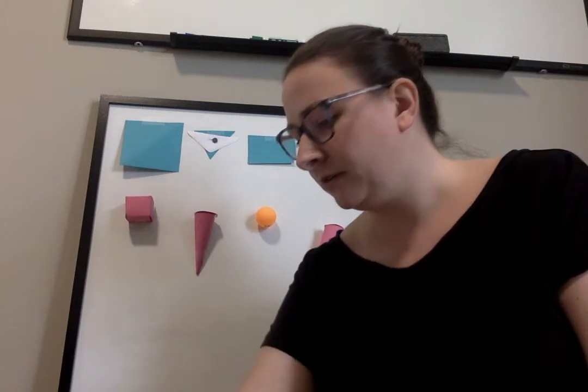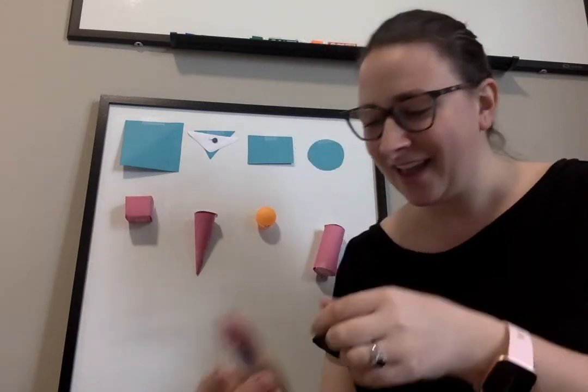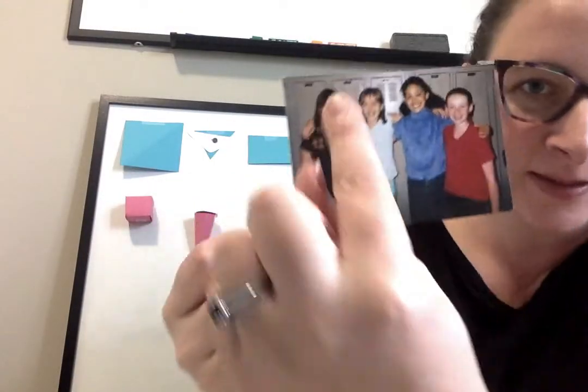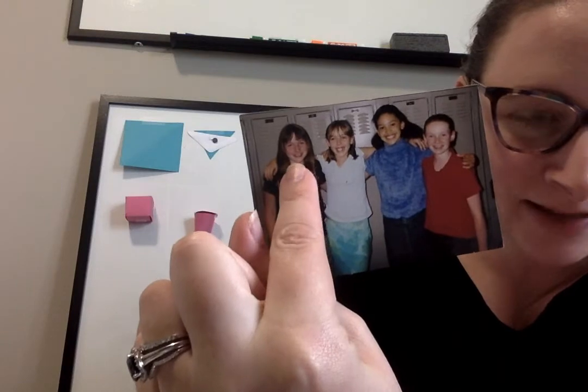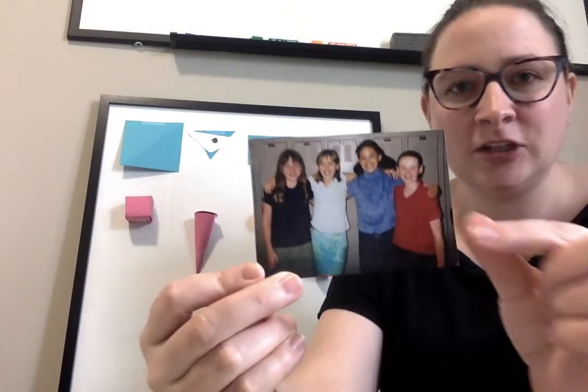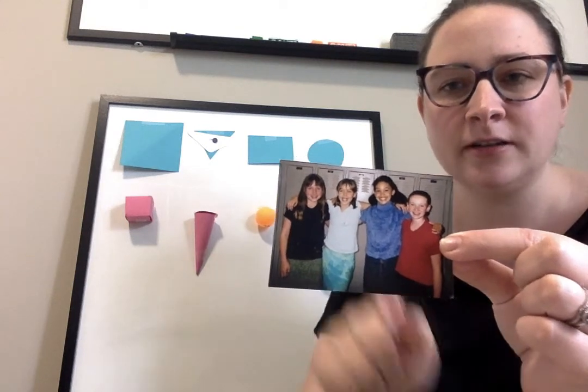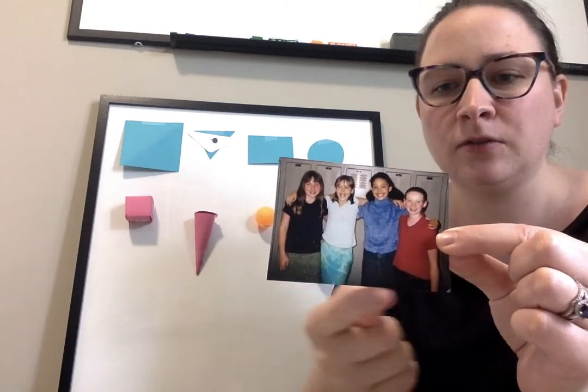Okay, let's see here. Oh, this one's silly. I have a picture of me and my friends when we were in 4th grade. See, this one's me right there. I had bangs. So this shape has 1, 2, 3, 4 corners and 1, 2, 3, 4 sides. So let's see here.